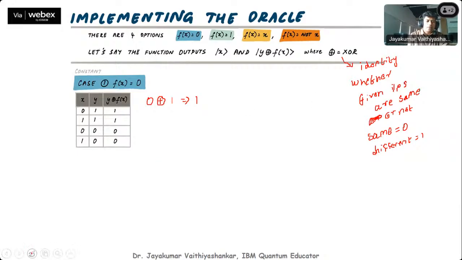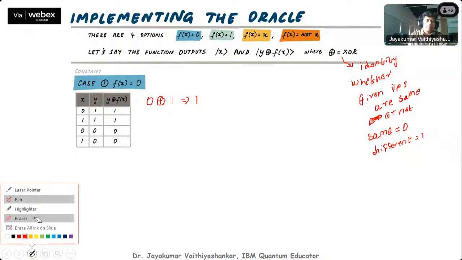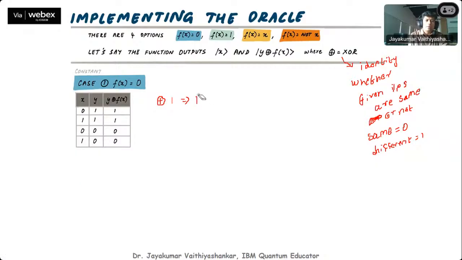Here I did it with x, but what we need to do is with y. So let's see the first combination. What is given? Y is given. What is f of x? F of x equal to 0.